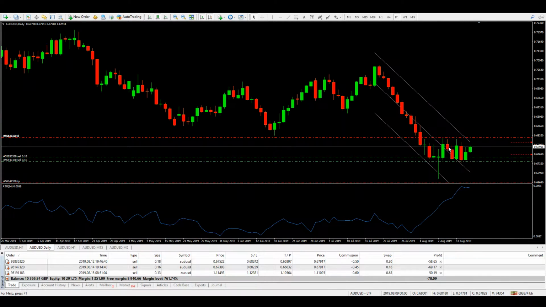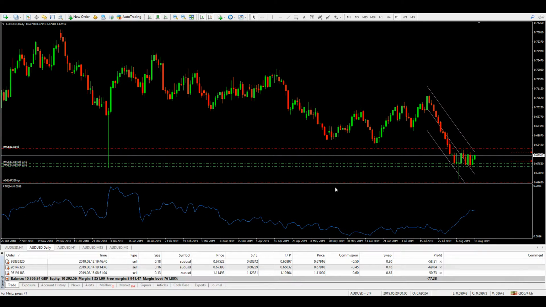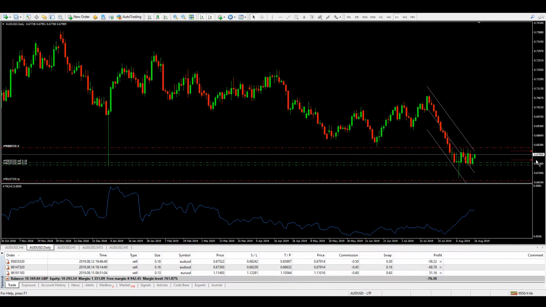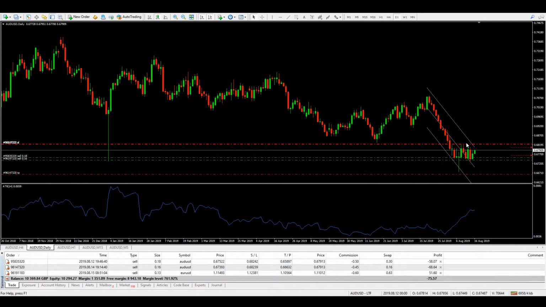But on the daily, this hadn't really fulfilled a full cycle, if you like. When I say cycle, I mean that it extends and pulls back and then extends and pulls back. In this, we've only got really two lower highs and one low, so it's not a full trend, but I felt that there was enough context here for me to take this position.